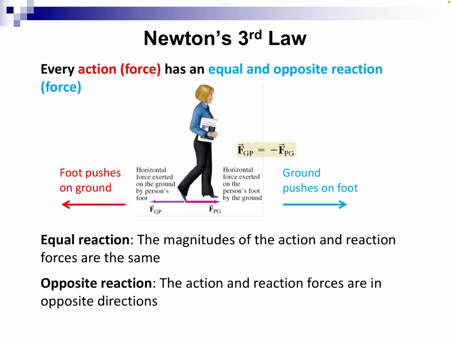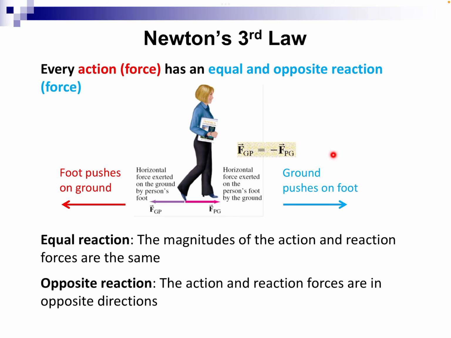Right? So here is an example of Newton's third law of motion. It's actually what allows us to walk. Because when we walk, our foot pushes on the ground to the left, and as a reaction, the ground pushes on our foot.